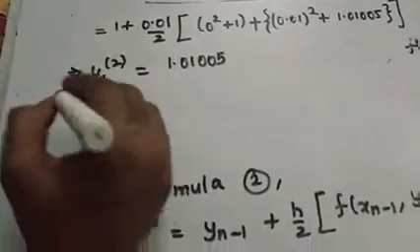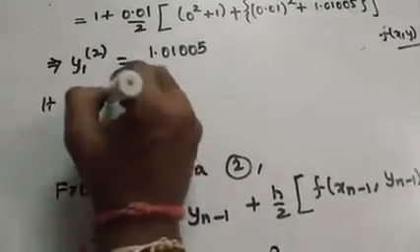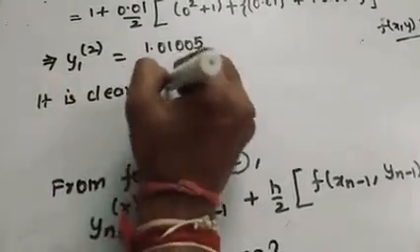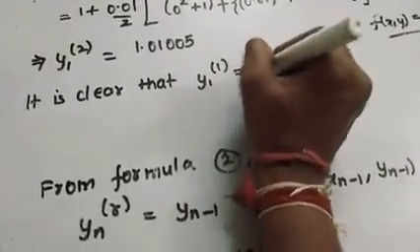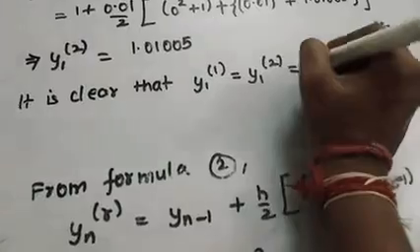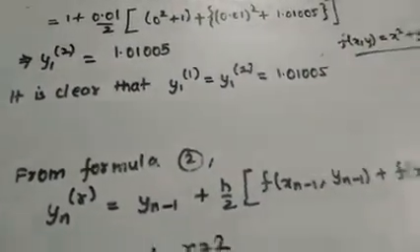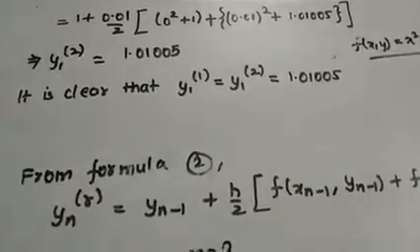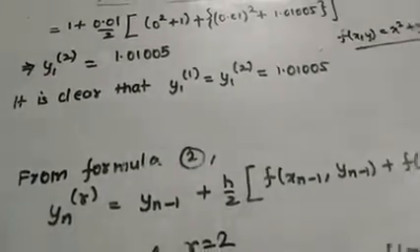If you remember, y1 of 1 and y1 of 2 have the same value, so it is clear that y1 of 1 equals y1 of 2, which equals 1.01005. Since in the question there is no mention of up to which decimal we have to correct, we will leave the answer this way.